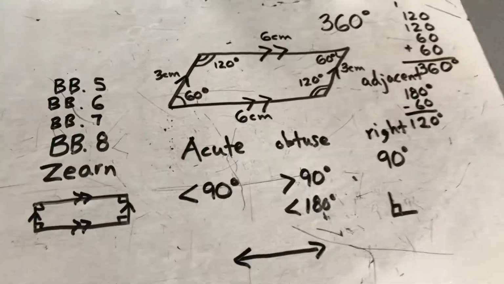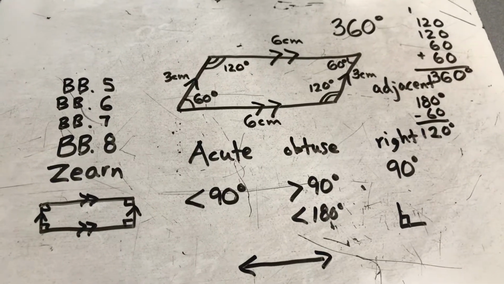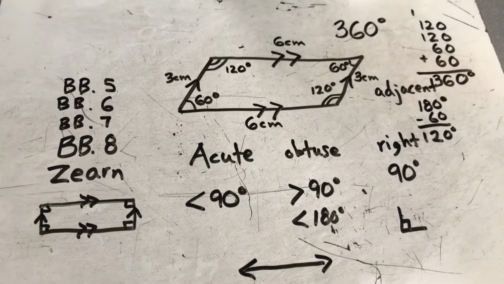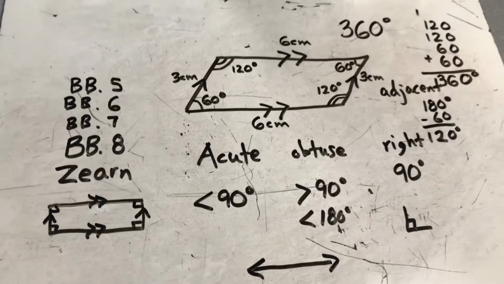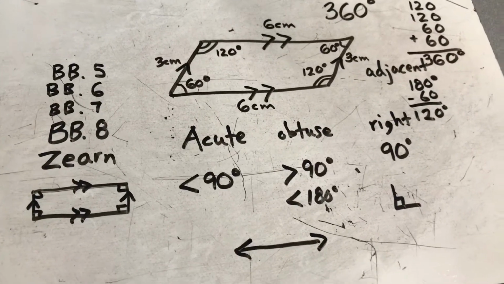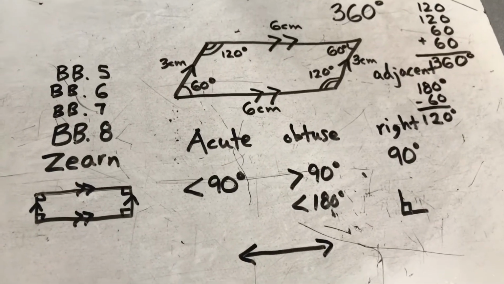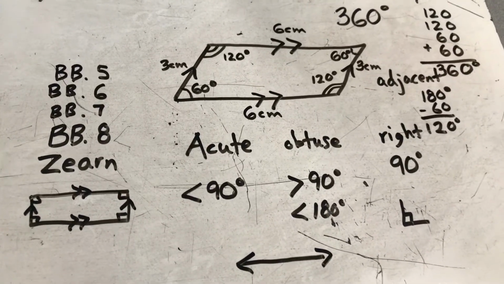And this is all the information you need for today's lesson on parallelograms. You'll probably have a little review on trapezoids and on quadrilaterals as well. Just know, and I'm going to say this repetitively because it's important to know, all parallelograms are trapezoids and they are all quadrilaterals.